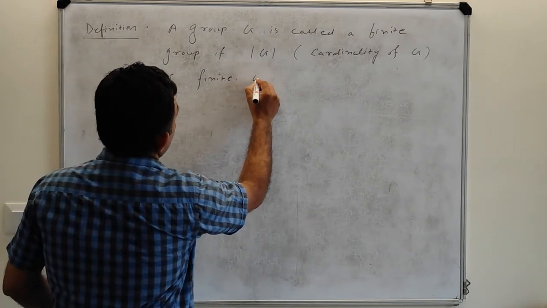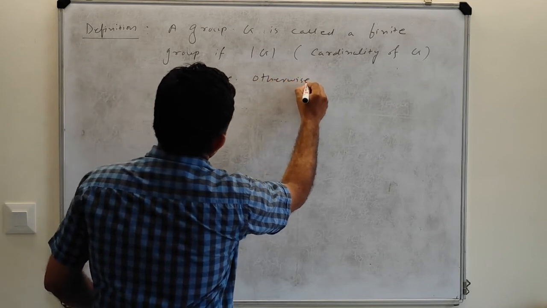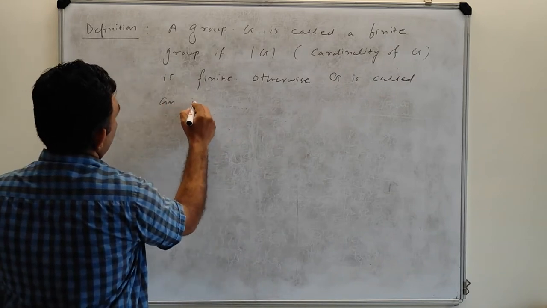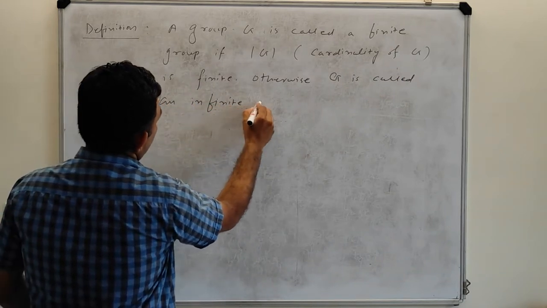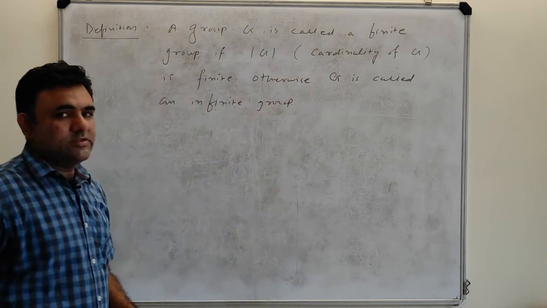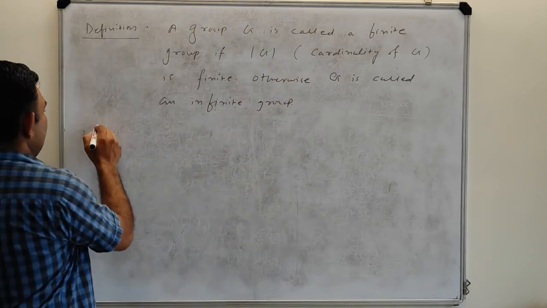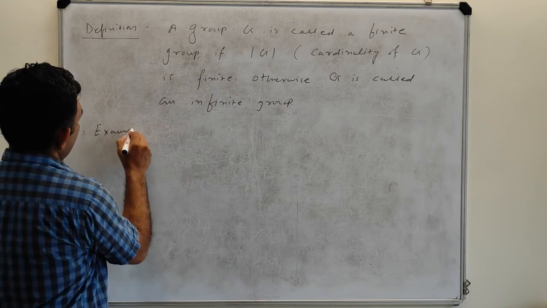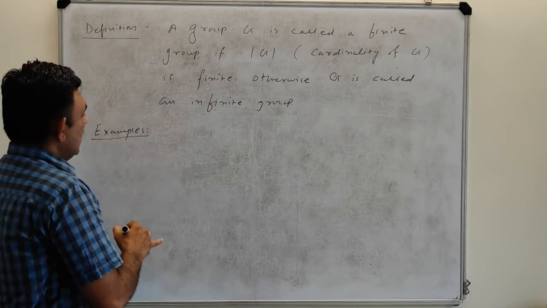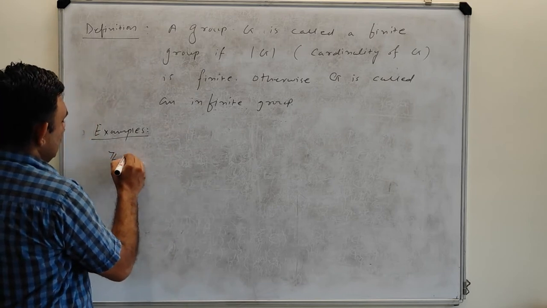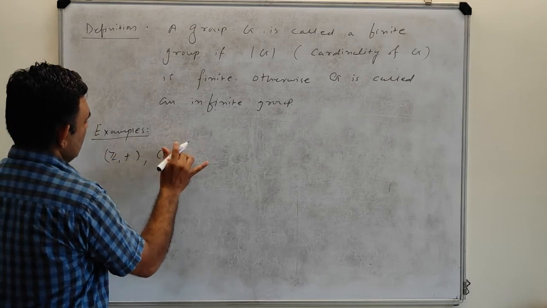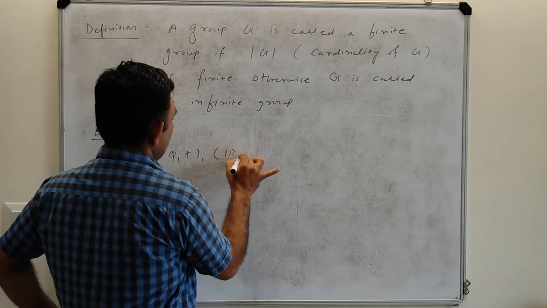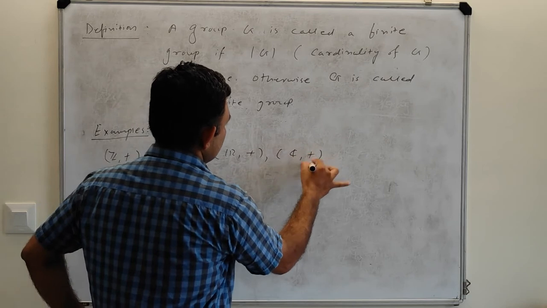Otherwise, G is called an infinite group. So let us see some examples. Consider Z+, Q+, R+, C+.